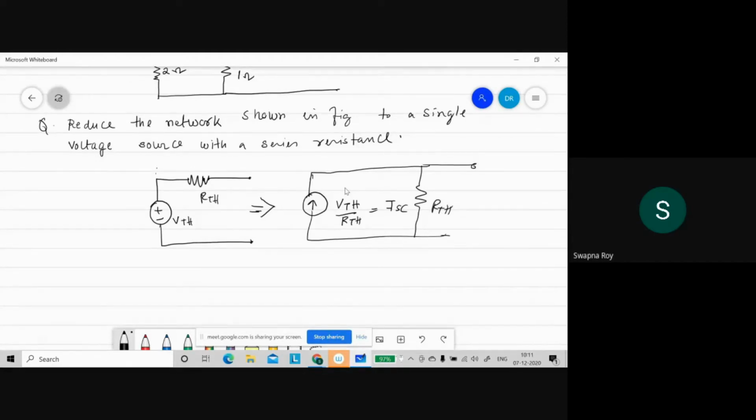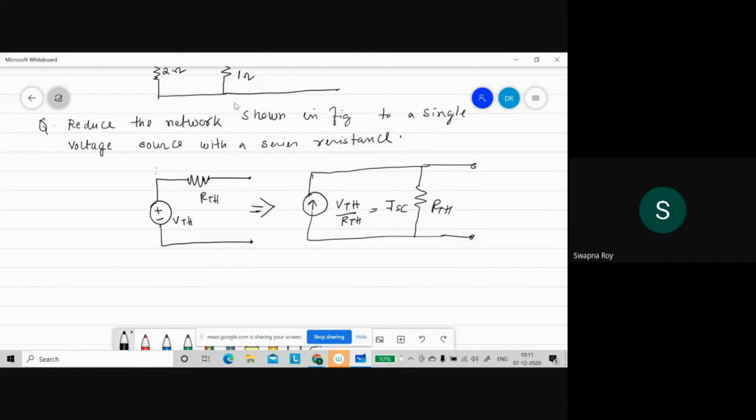From any Norton circuit we can get a Thevenin circuit, or from a Thevenin circuit a Norton circuit. That is, the voltage source with a series resistance can be transformed to an equivalent current source with a parallel resistance.